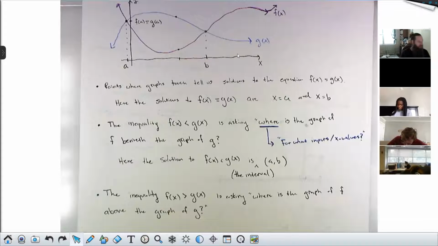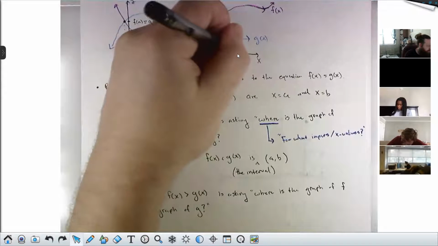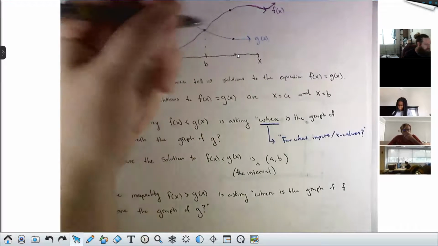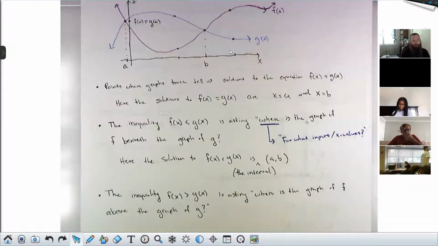Well, for example, if you take an x value over here, let's pluck this one out at random, the purple is above the blue. So whatever this x value is, it would be a part of that solution.